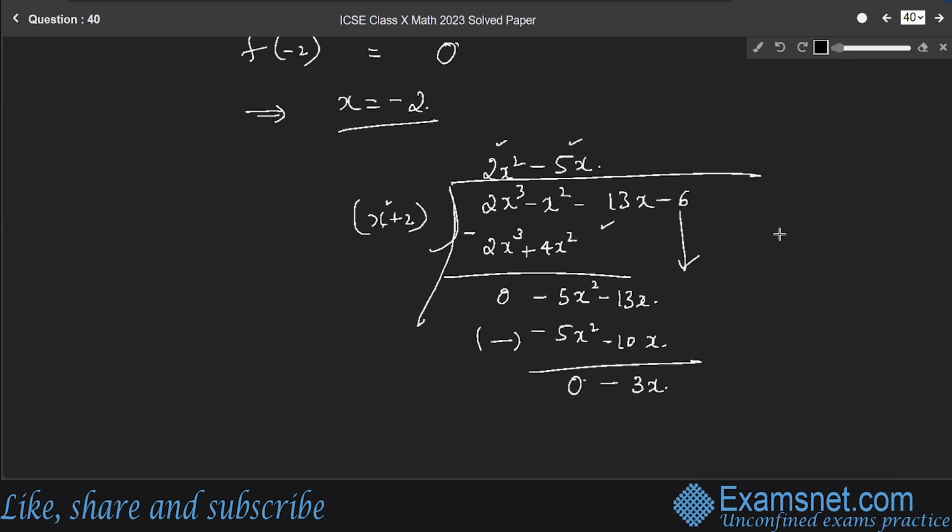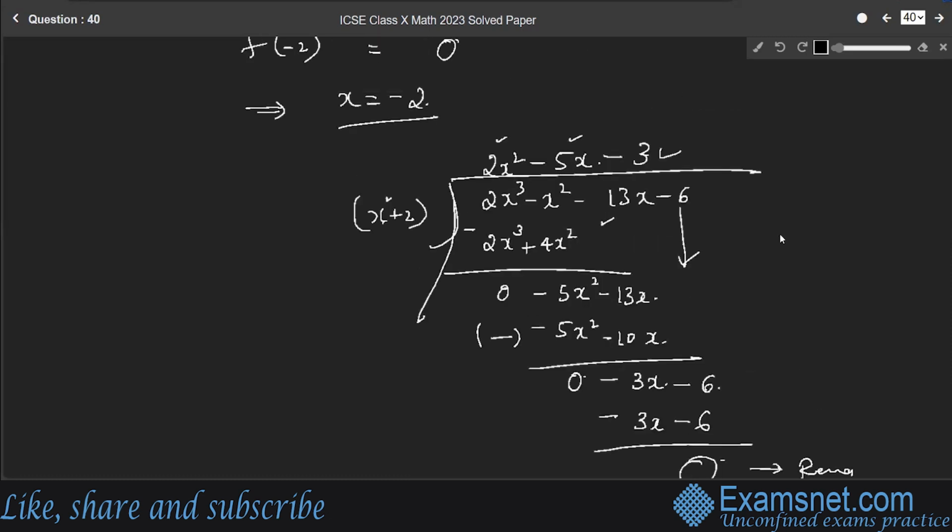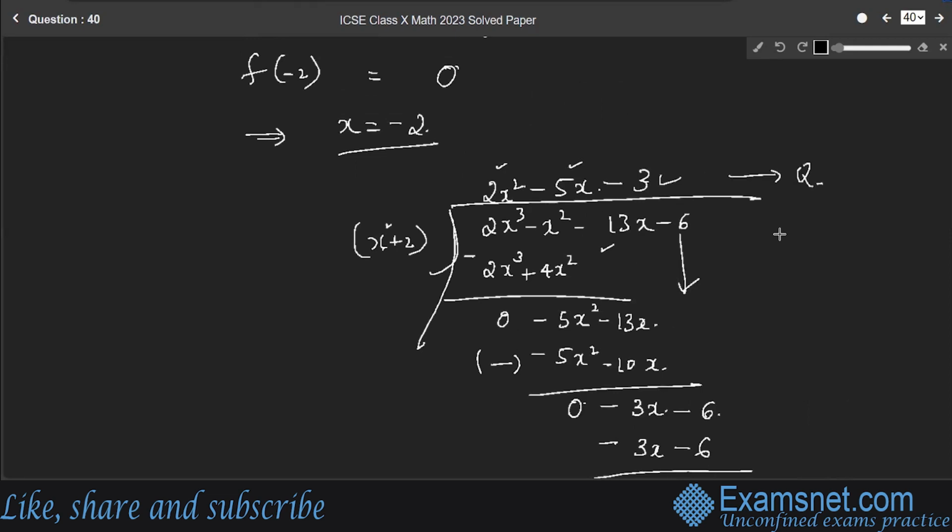Now consider minus 6. Minus 3x by x becomes minus 3, so in the quotient part we have minus 3. Minus 3 into x plus 2 is minus 3x minus 6. You will get 0 as the remainder, and the quotient is 2x square minus 5x minus 3.